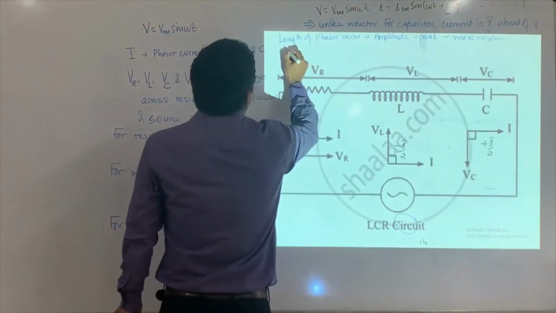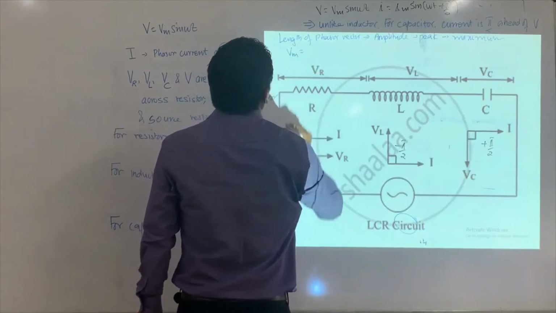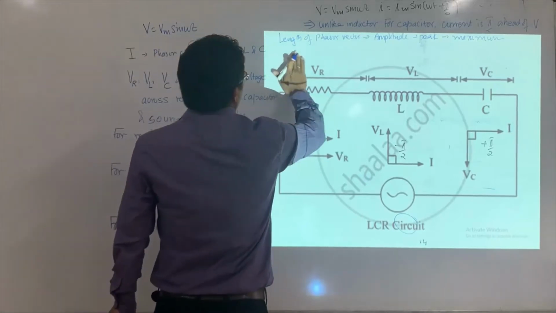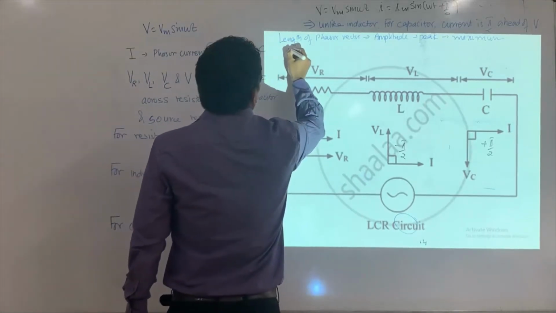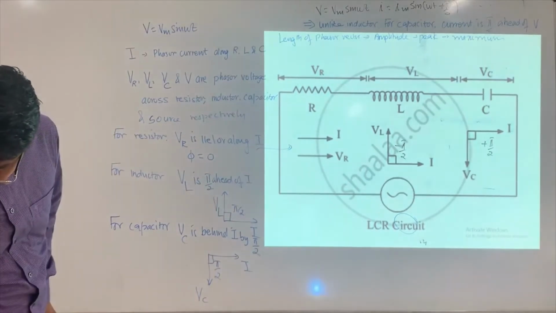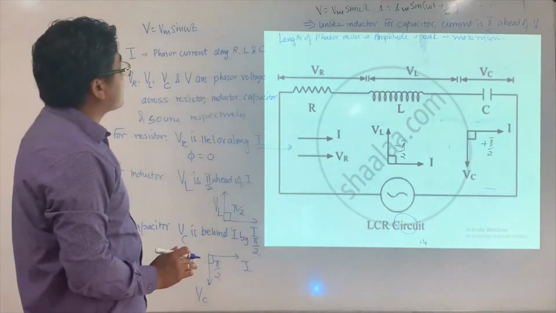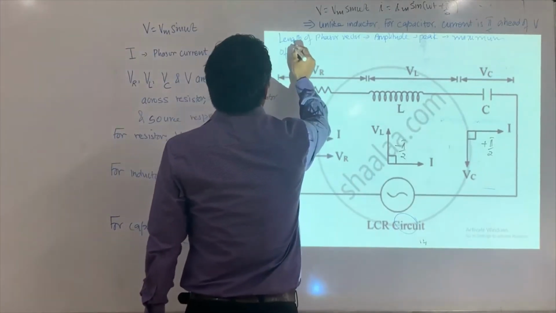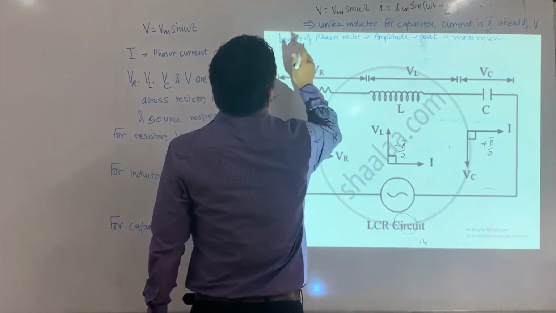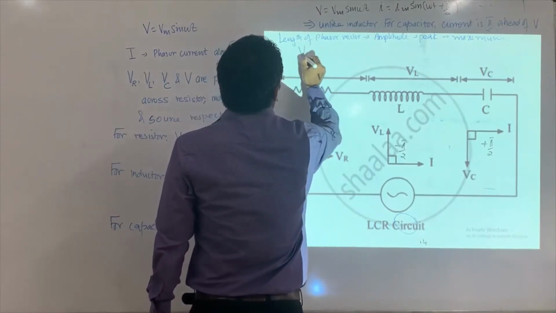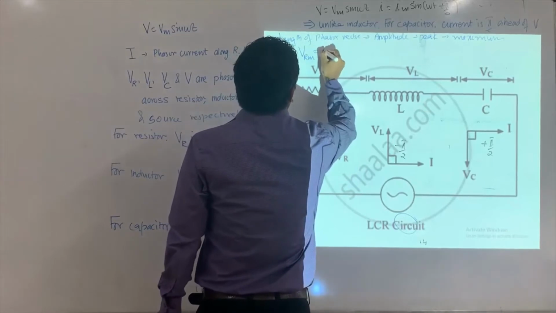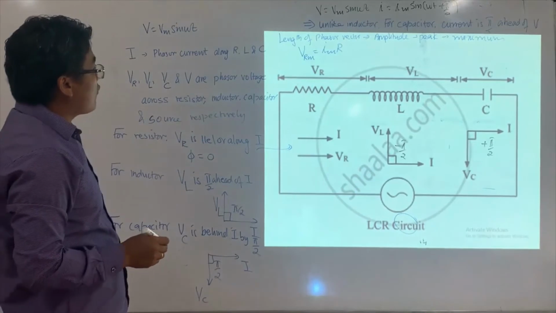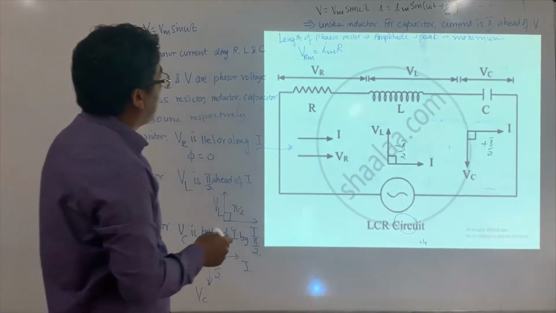Therefore, look here, VRN, this is what we call VRN. So the length of the phasor vector, that is the amplitude of the resistor voltage, VRN, is equal to IN times R.